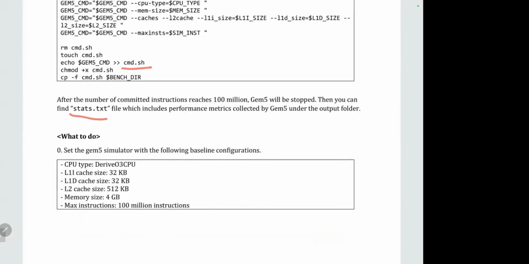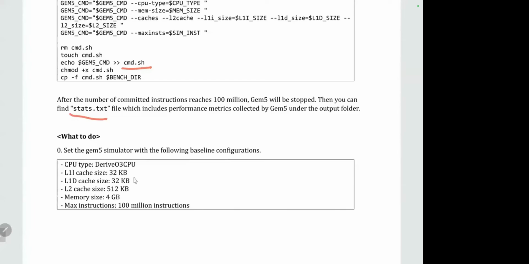Okay, so if you can use a script, I usually use bash scripts to run this architectural simulator. We can use scripts to extract the performance metrics from the results.